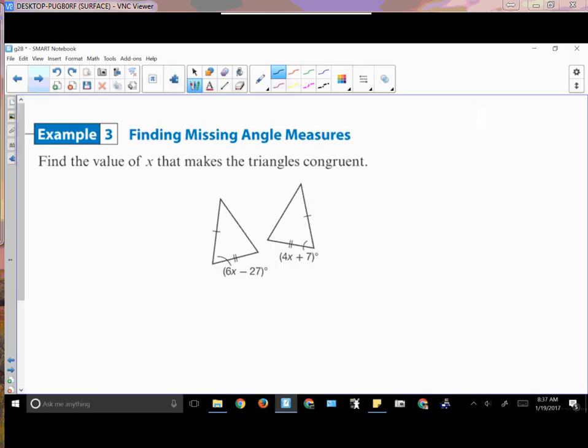Check this. Finding a missing angle. First offhand, I need to know, are these triangles congruent? So I've got this side congruent to that side. This side is congruent to that side.